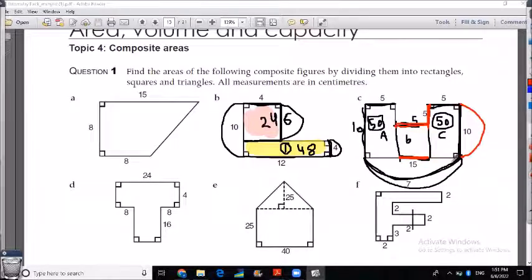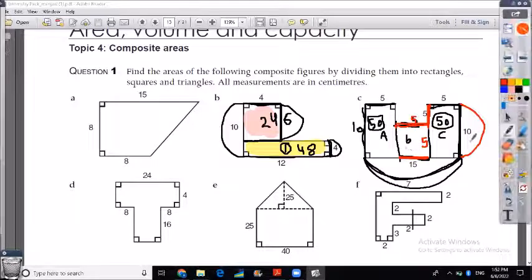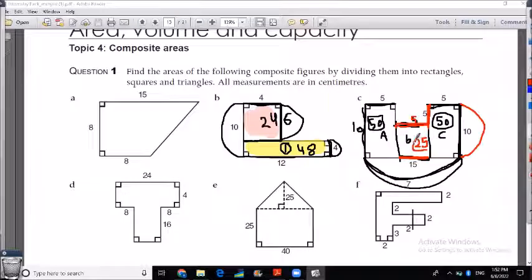If all of this is 10, part of it is 5, then the other part is also 5. So that is how we find the area of the third part. It is 5 by 5, which is 25 centimeters squared. So B is 25 centimeters squared.